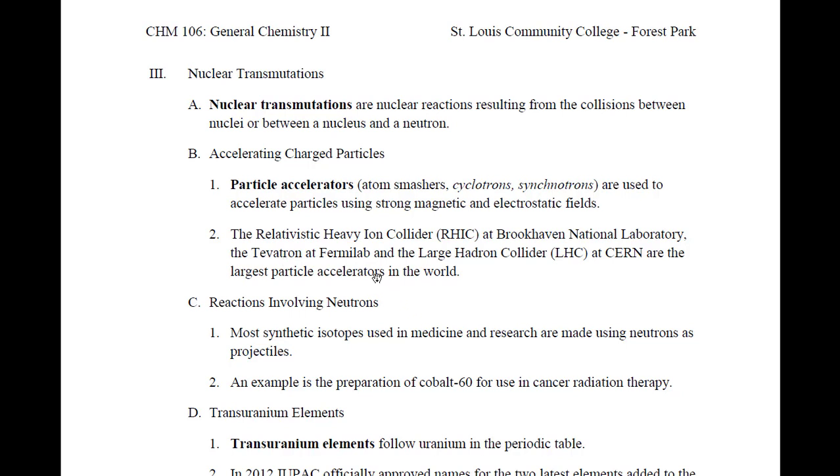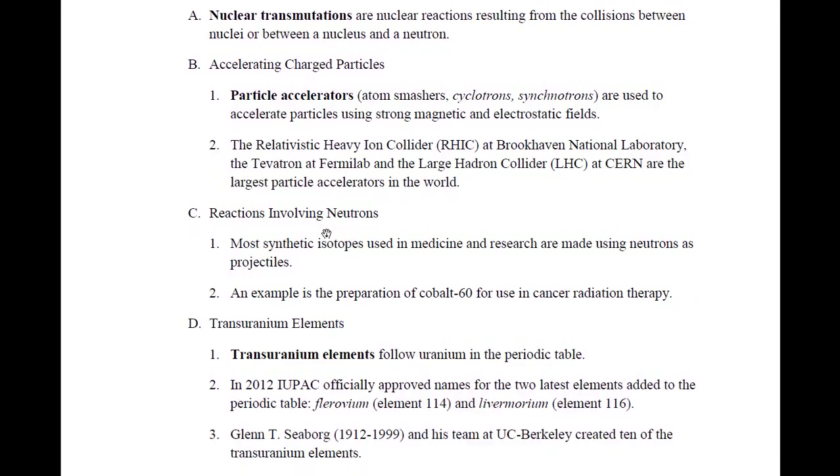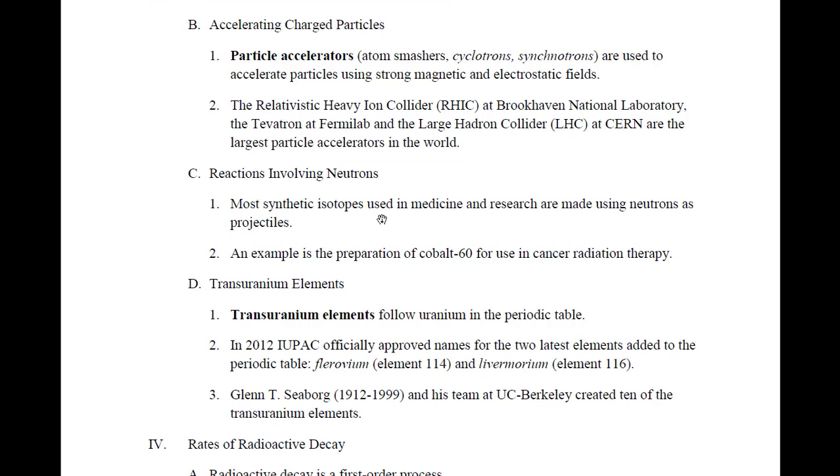But again, we can use nuclear transmutation to make new elements. And so synthetic isotopes, everything after 92, so 93 through 118, a lot of them were created involving neutron collisions. But that's not the only way.